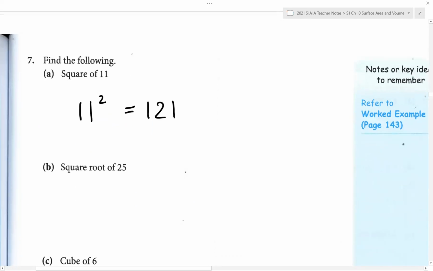What about the square root of 25? Yan Rui? Square root of 25. What should I write? I see the answer a lot of times already.